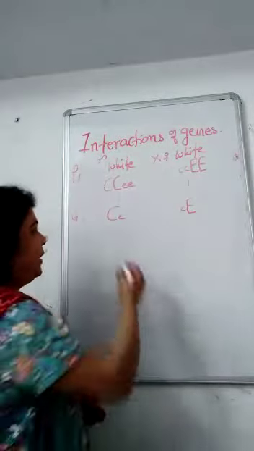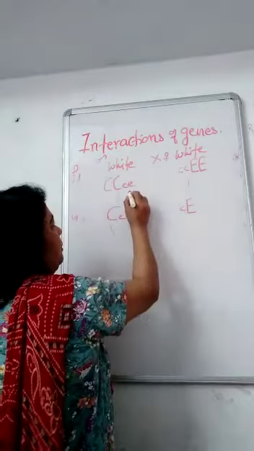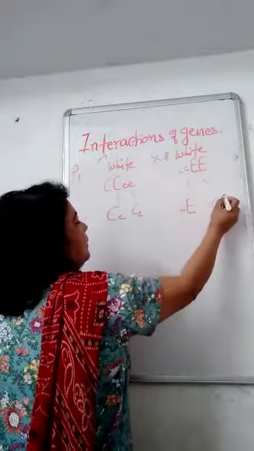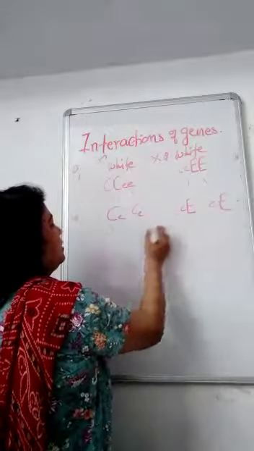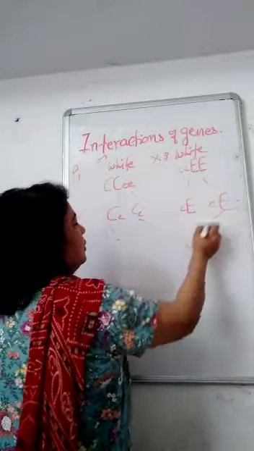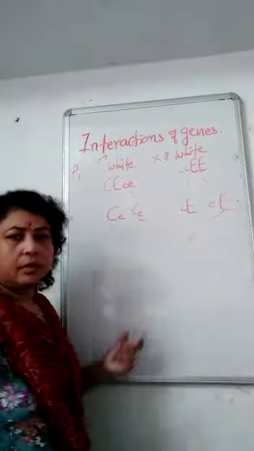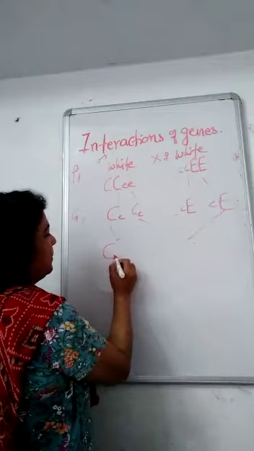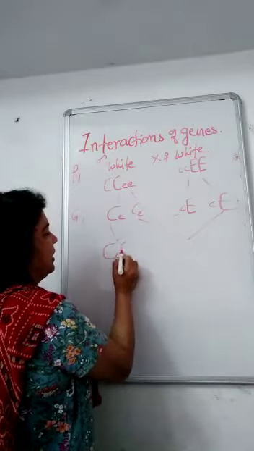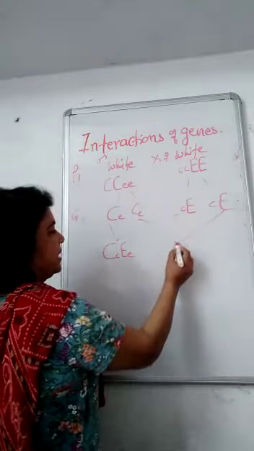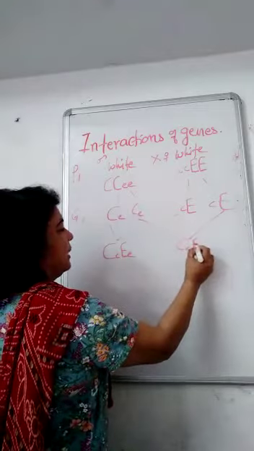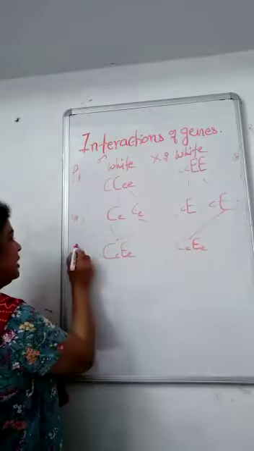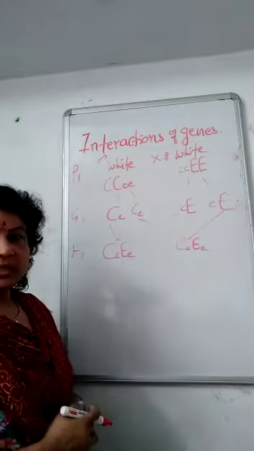Okay. When these two, capital C, small e and small c, capital E, are allowed to cross, they produce the heterozygous progeny, capital C, small c, capital E, small e. Similarly, capital C, small c, capital E, small e. Okay. So these are the F1 progenies.